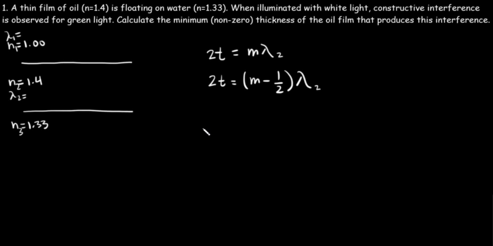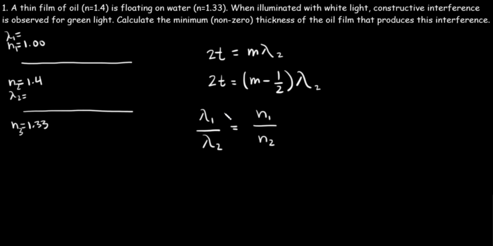The first step to solving this question, where it's asking for the thickness, is to find wavelength 2. To find wavelength 2, you can use the equation which is part of Snell's law: wavelength 1 over wavelength 2 equals N1 over N2. Right now, we don't know what wavelength 1 is.